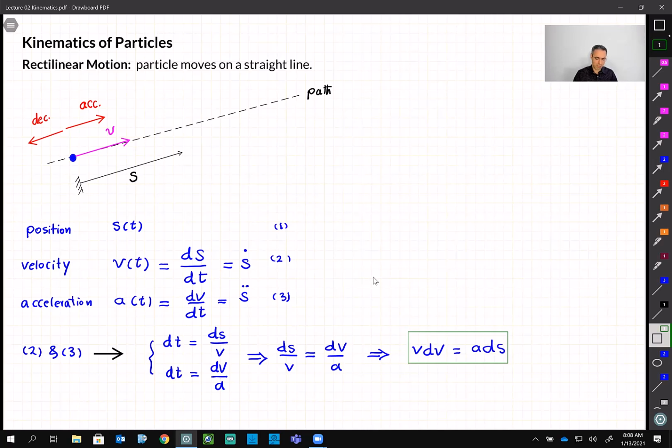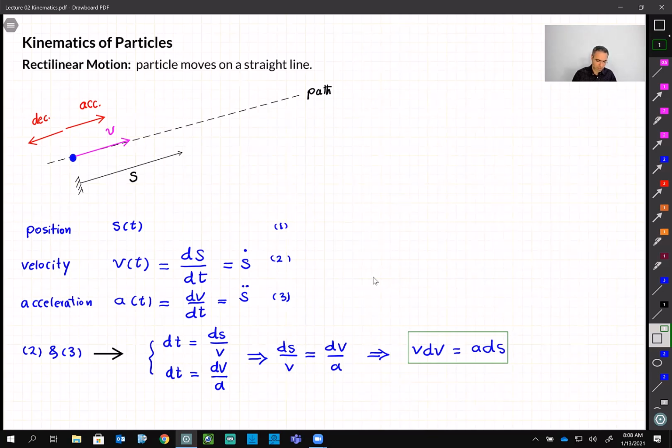If you notice, this formula doesn't have time. It is independent of time. So keep in mind, if you deal with a problem that doesn't talk about time, for example, how long it takes to get to this velocity or this position, this formula can be handy. If you just have velocity and acceleration, then you can use this formula.